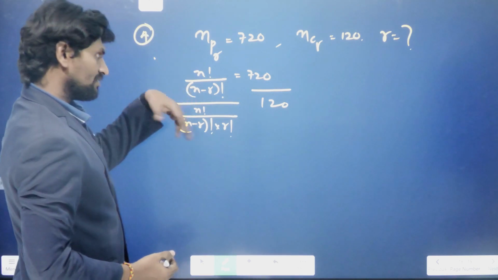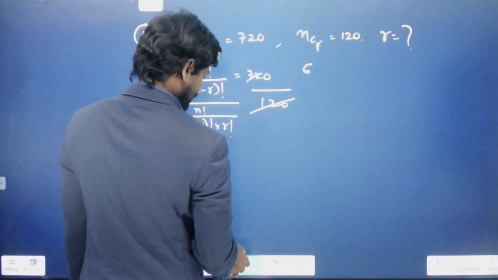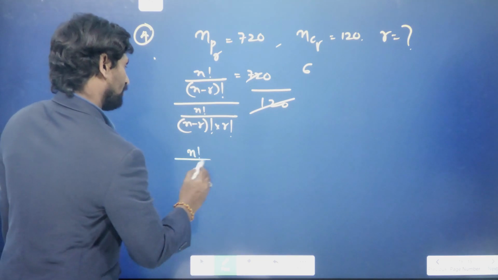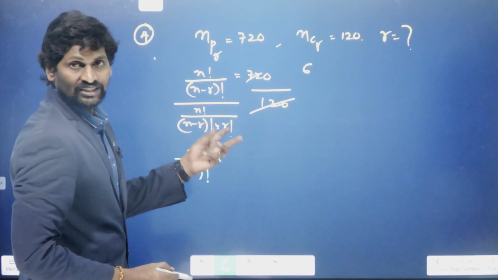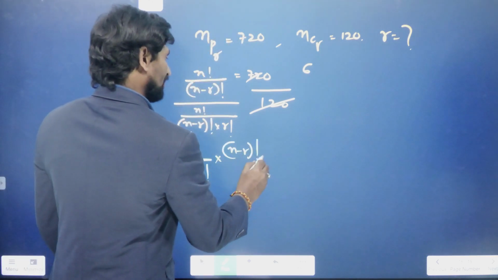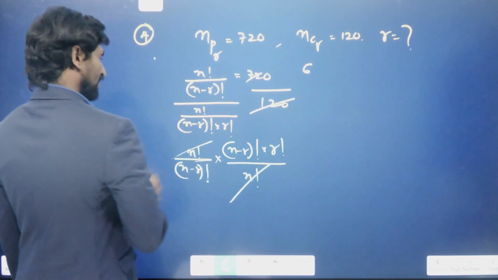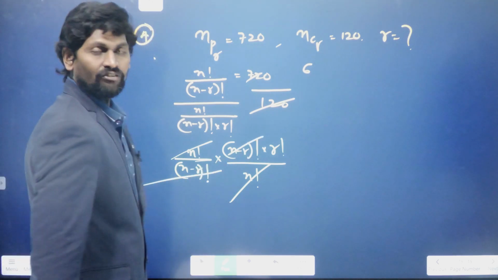So with two fractions we can apply the reciprocal: 120 into 720, 6 times, cancel. Okay, so remaining, next n factorial by (n minus r) factorial, and the denominator fraction when you take it to the numerator becomes the reciprocal. So (n minus r) factorial into r factorial by n factorial. So in the numerator, n factorial cancels, (n minus r) factorial cancels.